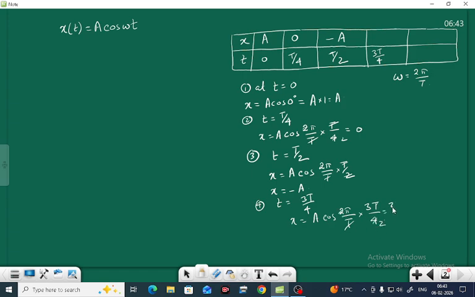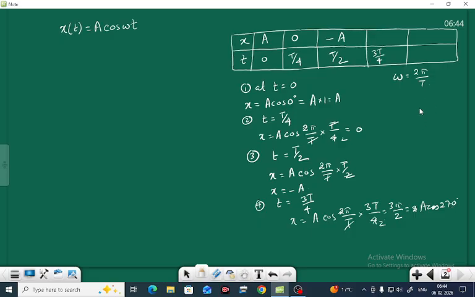So it is 3 pi by 2, so it is 270 degree. a cos 270 degree. Now I want to find the value of cos 270 degree.